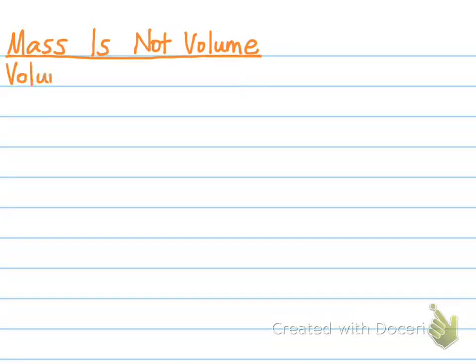One of the things that you need to understand is that mass is not volume. They are not the same things. Okay. So what then is volume? You have probably learned about volume in a math class in the past. Volume is a measure of space.